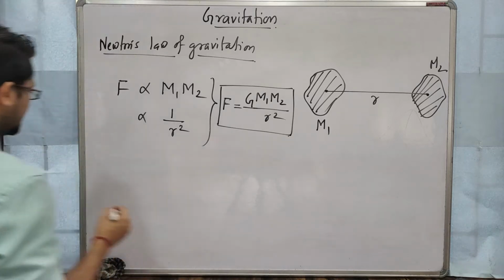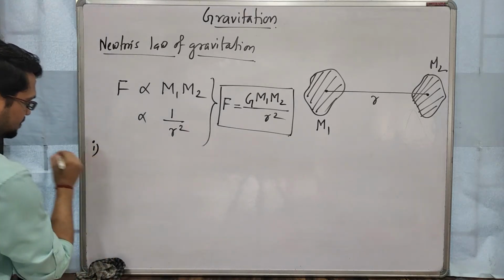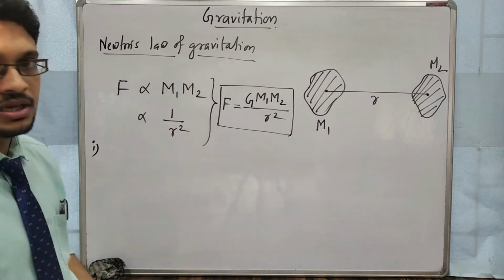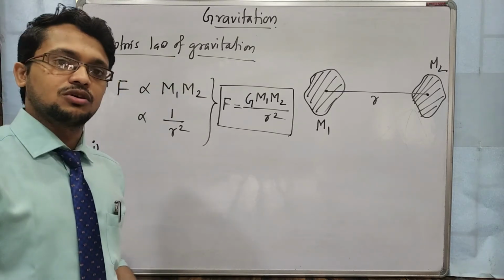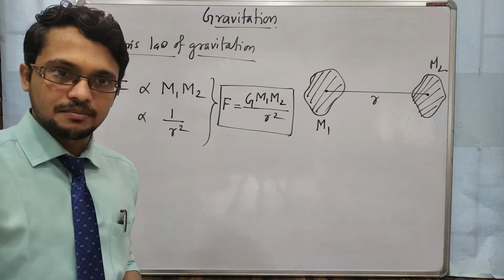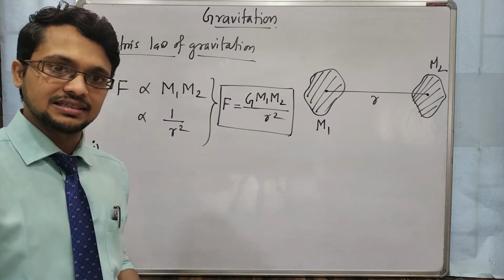So first point, properties of this gravitational force. The first point is that this gravitational force is always applicable for any kind of mass, any shape, any size.